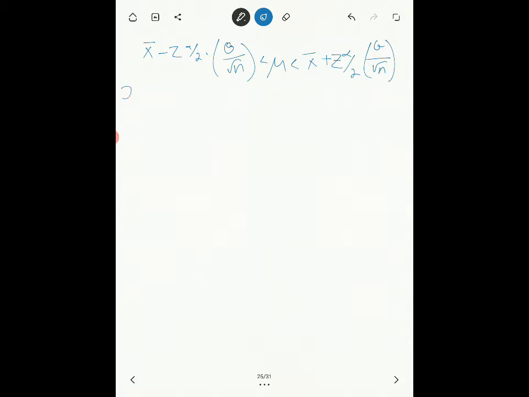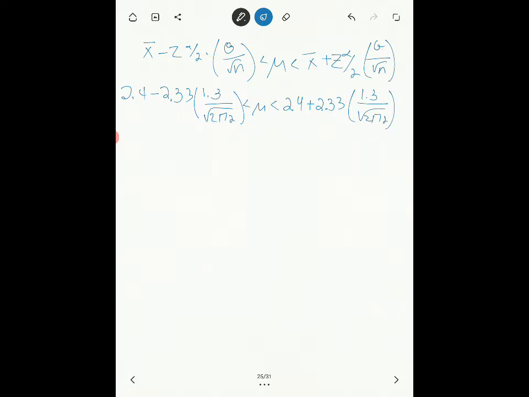So we have 2.4 minus 2.33 times 1.3 divided by the square root of 2,172 is less than the mean is less than 2.4 plus 2.33 times 1.3 divided by the square root of 2,172.